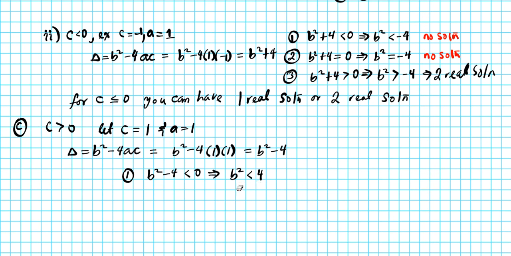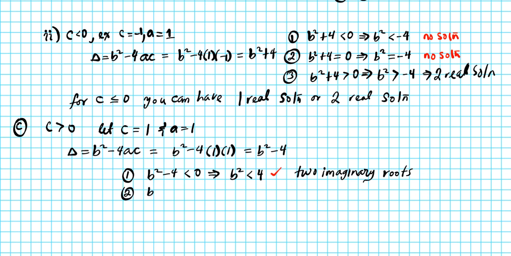Any number that's less than 2, if you square it, the square is going to be less than 4. So this makes perfect sense. So since solutions exist here, that means that it is possible to have two imaginary roots when c is greater than 0.